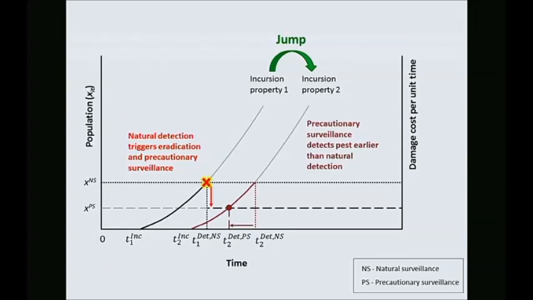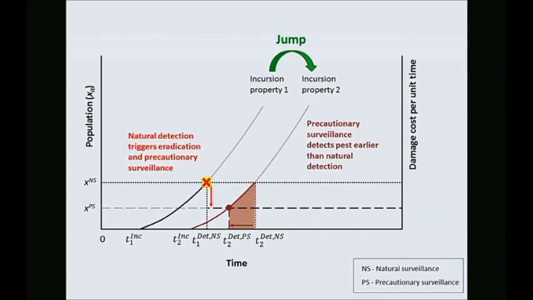And the difference between natural surveillance and precautionary surveillance is that I'd say precautionary surveillance is much more sensitive to low populations of beetles. Because it's using a pheromone trap, it might pick up really quite low population densities for beetles.